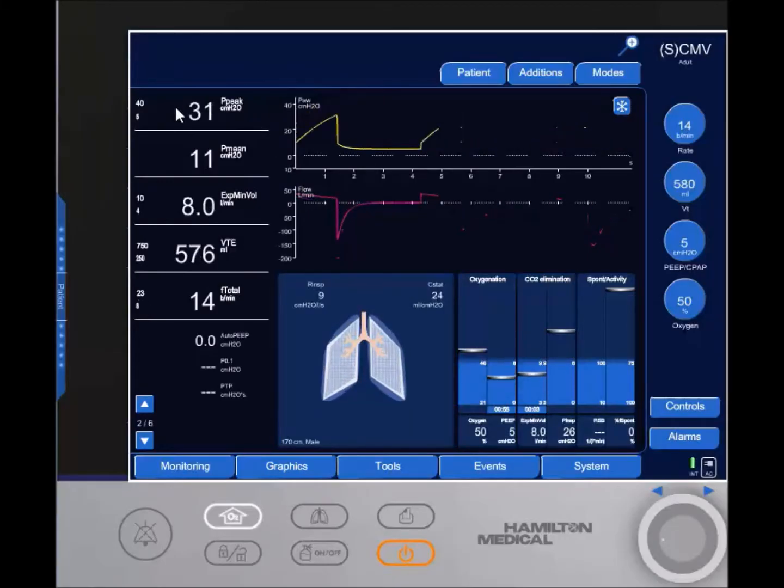Ideally, I should be ventilated around 4 to 6 cc's per kilogram of ideal body weight. However, there was no automatic adjustment of tidal volume at all based on my lung mechanics, based on the physiology of my lungs. It remains around 8 cc's per kilogram of my ideal body weight. So volume control CMV with set point targeting does not allow for automatic adjustment of tidal volume.